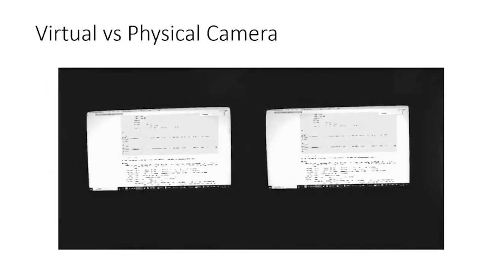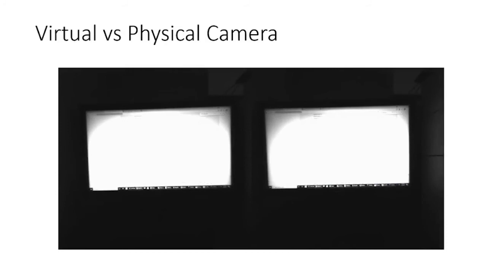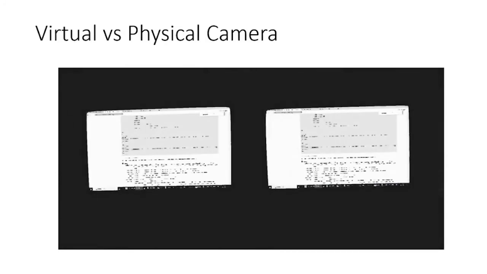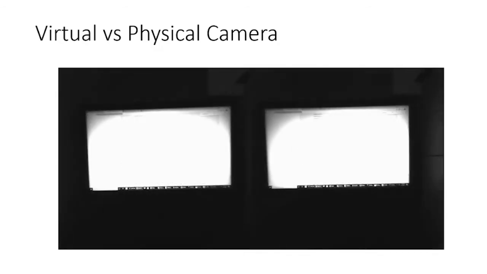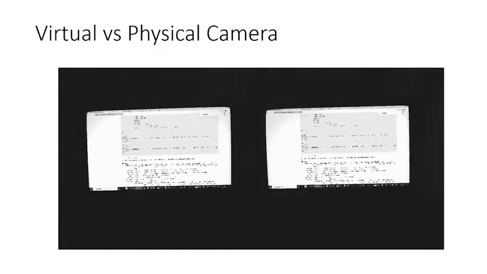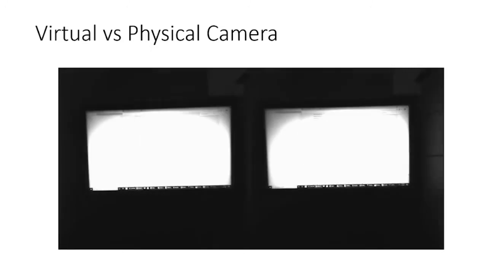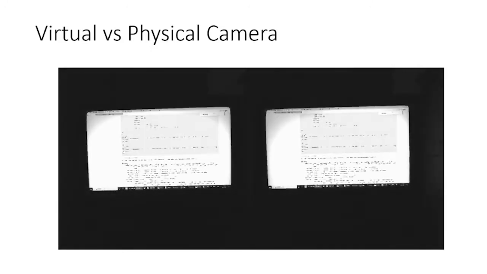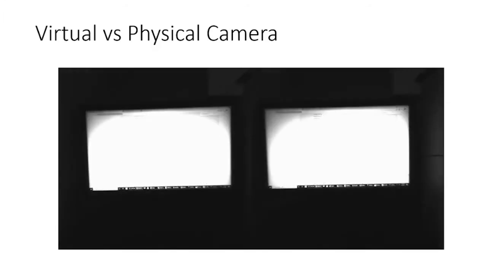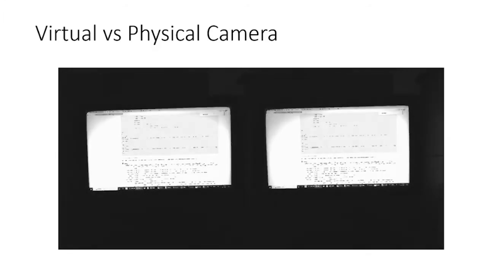So here is basically the comparison between the virtual and physical camera. The physical camera image is the one where you don't see much, which wasn't a really good image to take, but it also illustrates that the virtual camera solved many issues regarding exposure and other problems.